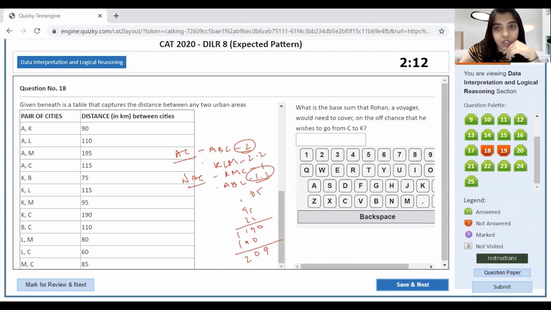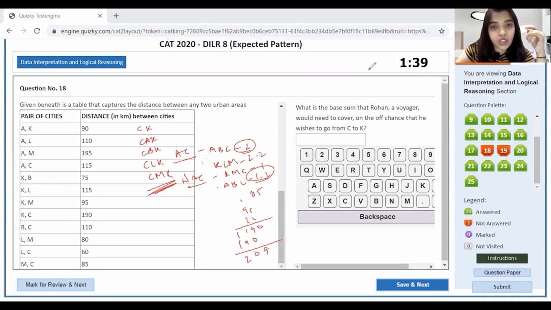C to K. Let's see what the possible chances are. There's a lot of options, guys.